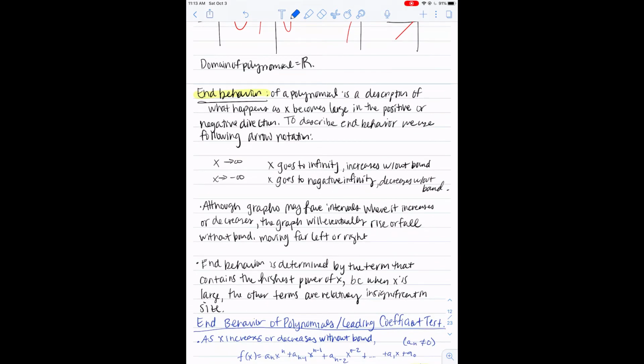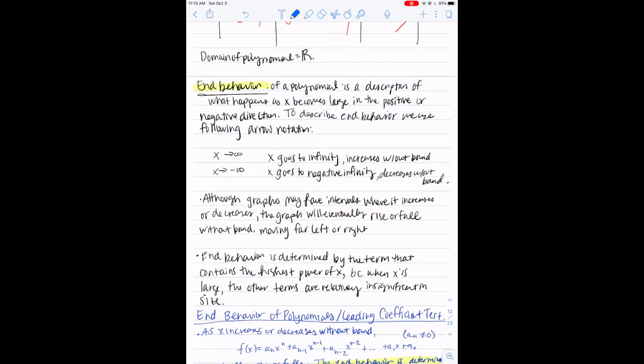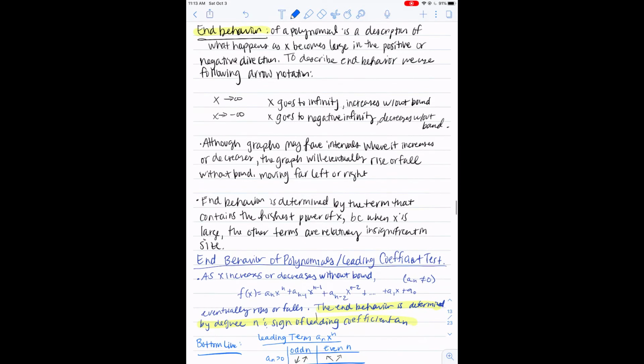To describe end behavior, we're going to use the following arrow notation. x going to infinity means x is increasing without bound, and as x goes to negative infinity, that means it decreases without bound. Although graphs may have intervals where they increase or decrease at some point, the graph will eventually rise or fall without bound.